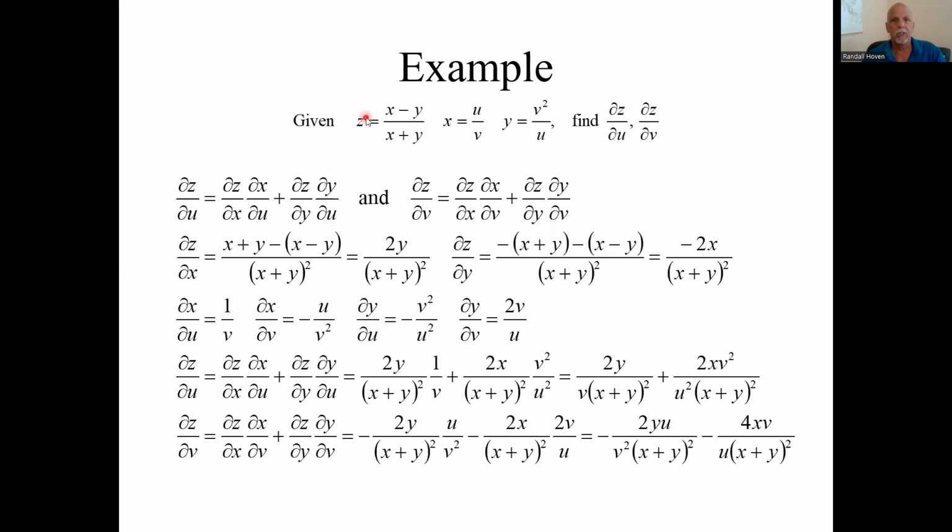So here we have z is a function of x and y, and in turn, x and y are functions of u and v. Find these two partials with respect to these, I'll still call them secondary variables.